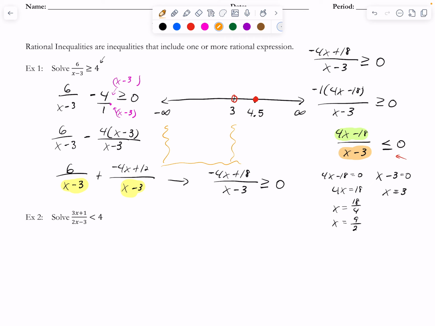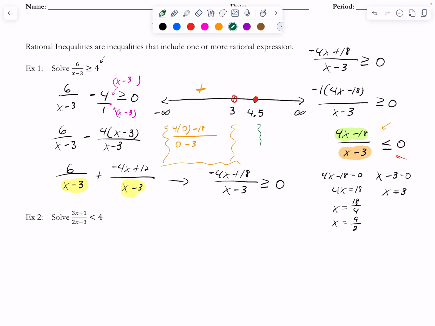I just care about the sign, whether it's positive or negative. I'll be plugging into this 4x minus 18 over x minus 3. So 4 times 0 minus 18 over 0 minus 3. In the numerator, that's going to be negative 18. In the denominator, that's going to be negative 3. A negative over a negative is going to be a positive.